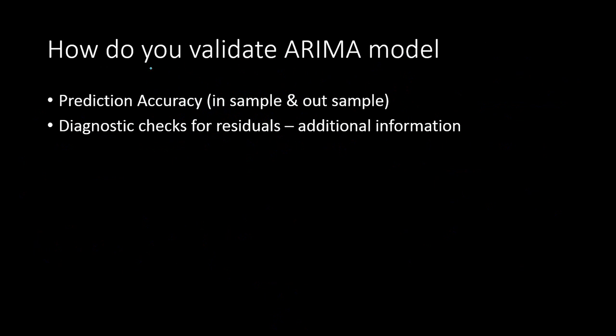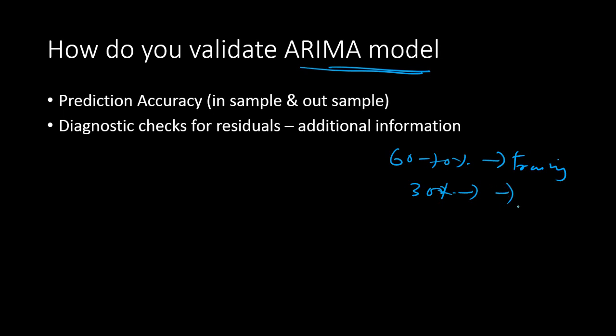The final question is, how do you validate the ARIMA model? You might have come across a number of videos on my channel where I've talked about model validation for multivariate models, like regression models and classification models. The usual way of doing it is to divide your data set into two parts. Take, let's say, 60-70% of your data as the training sample, and 20, 30 or 40% of your data as the holdout sample or testing sample, right?